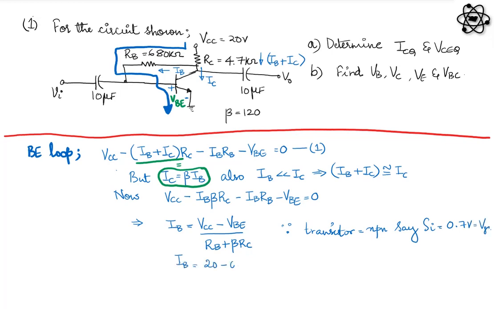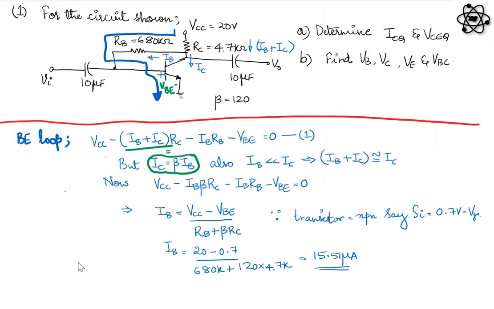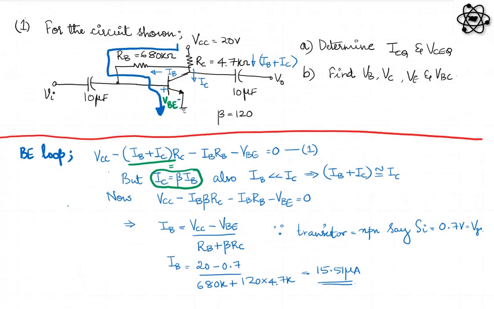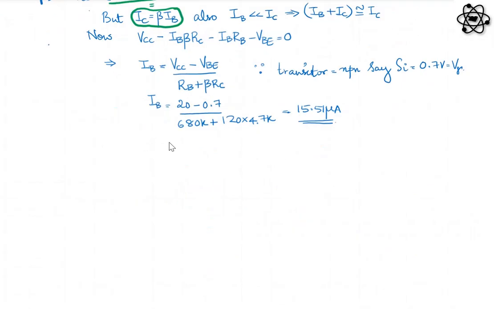And that gives me a value of 15.5 microamps. Coming to the first part of the question, which says you need to compute ICQ, that is ICQ equal to beta times IB. That gives me a value of 1.86 milliamps.